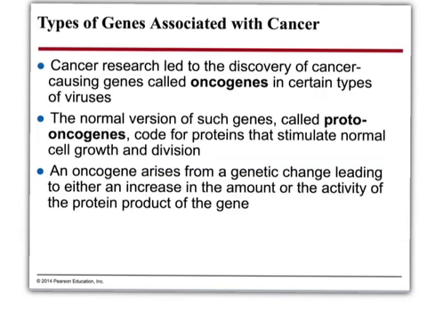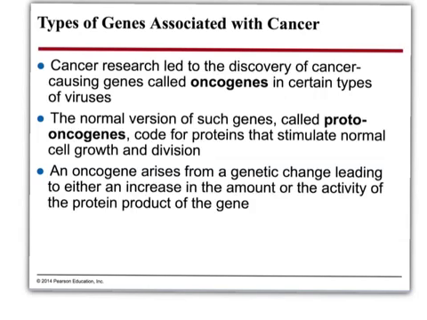So an oncogene arises from genetic change leading to either an increase in the amount or the activity of the protein product of the gene. Either way, using RAS as an example, if I increase the amount of RAS, what's going to happen? RAS normally signals and drives cell growth.